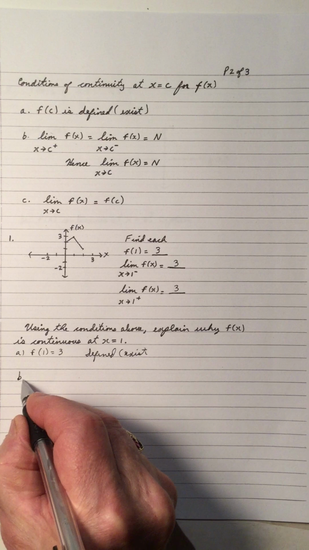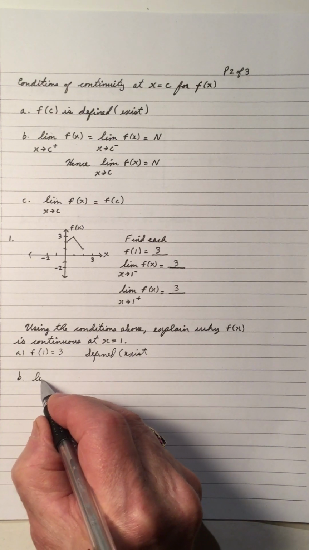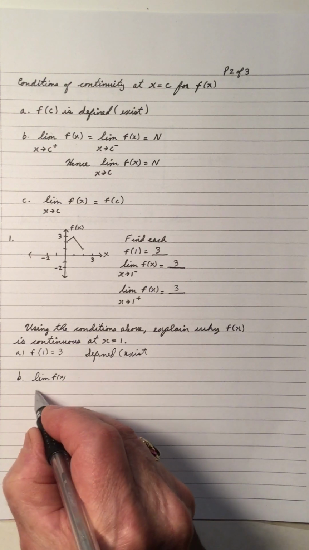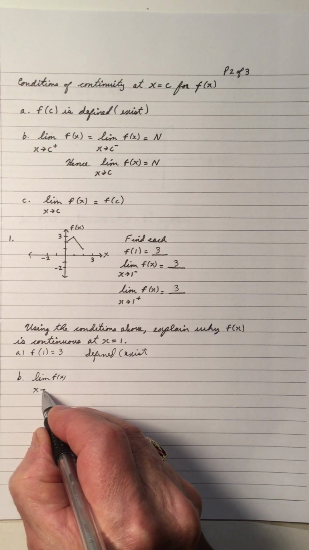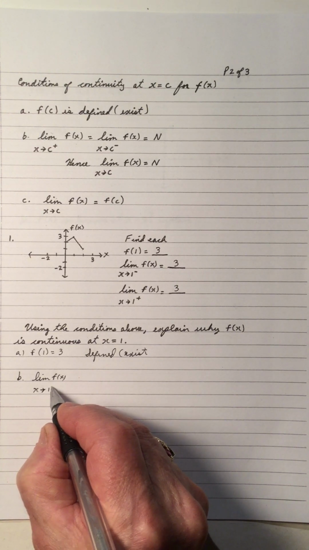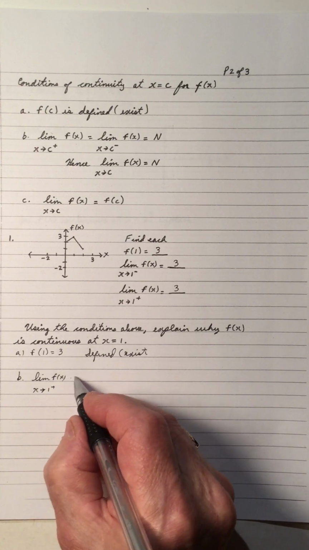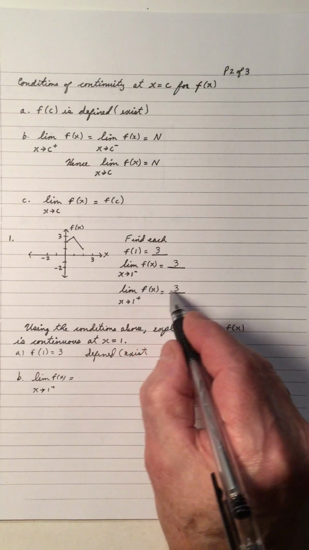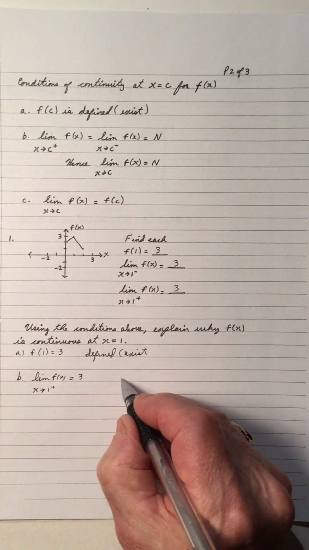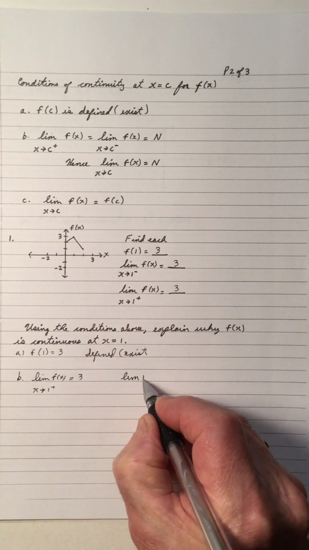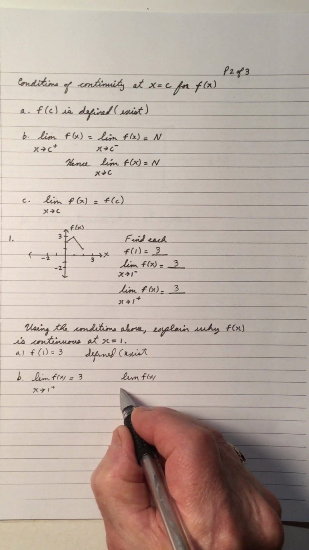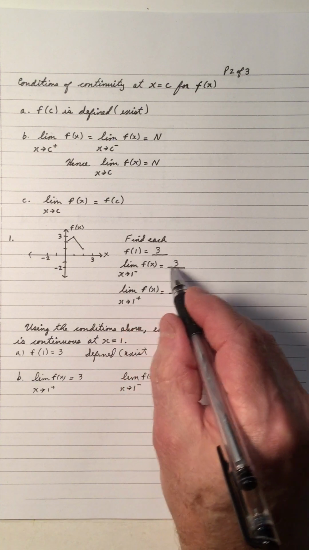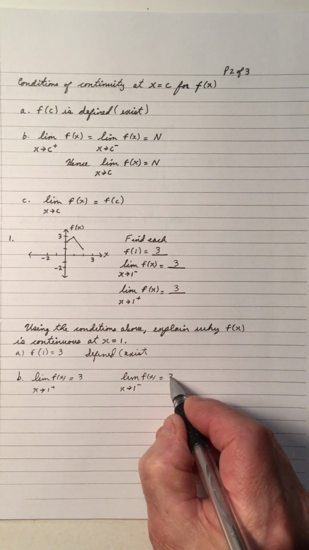Okay, B. What's the limit of f of x as x approaches 1 on the right side? The limit as it approaches 1 on the right side is 3. And what's the limit of f of x as x approaches 1 on the left side? The limit is 3.